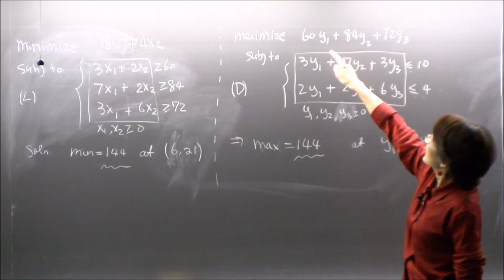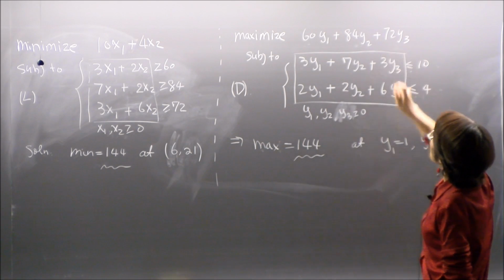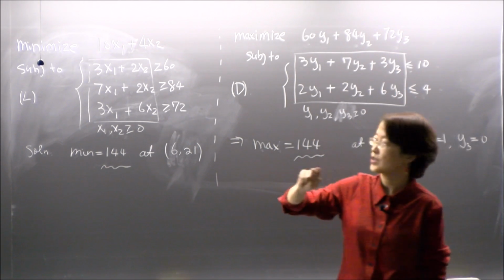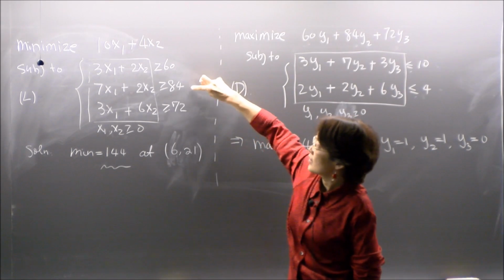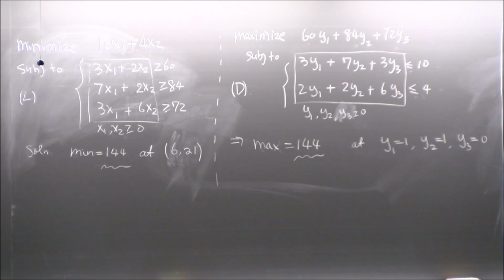And the objective function here, these coefficients, 60, 84, 72, where do they come from in the original problem? The right-hand side. So the coefficients for the objective function and the vector in the constant column are again switched. Is that right? Okay, so they're so tightly knitted together.